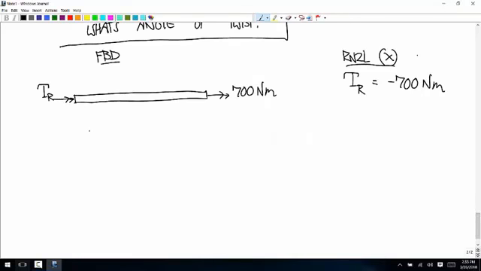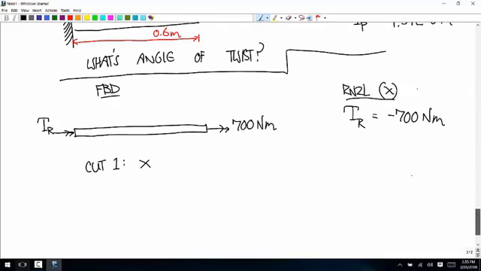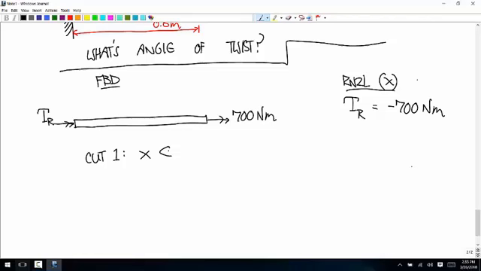And then do a cut. This one cut is valid for every x. I give a length, 0.6 meters. So this is valid for every x between 0 and 0.6.